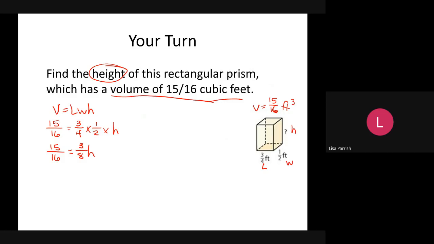Remember when you divide fractions, you would say 15/16 divided by 3/8, and then over here you would have 3/8 divided by 3/8. Then that's when you have to do your keep, change, flip.